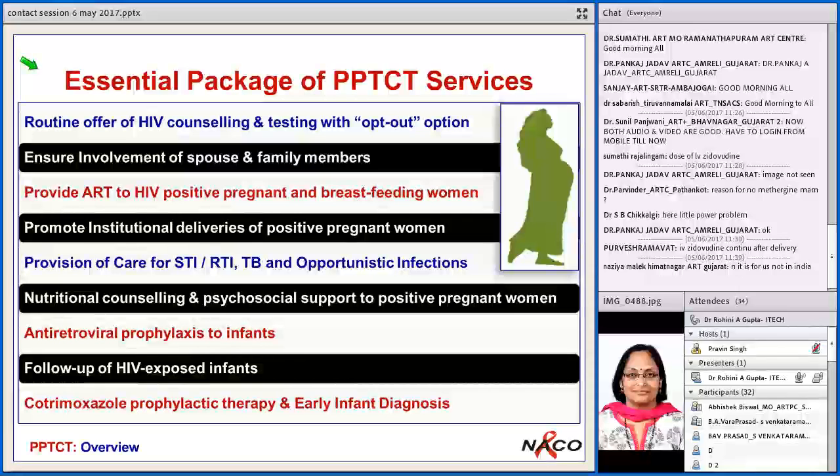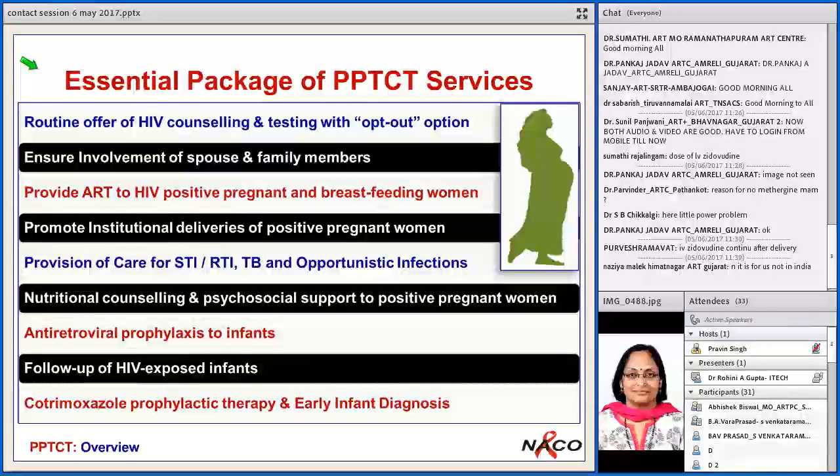We follow up all babies born to HIV infected mothers for 18 months. The main aim of following up these babies is to detect HIV infection at the earliest. If diagnosed infected, they are to be started on ART.